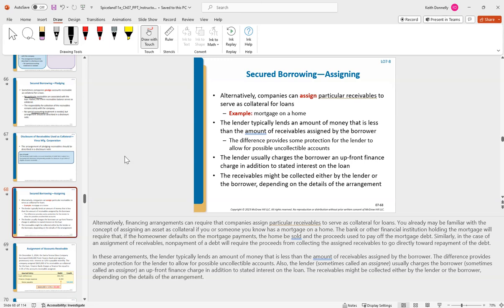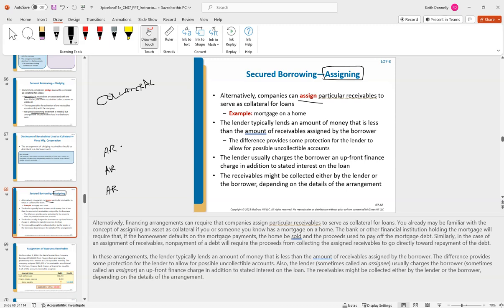This is in distinction to, or kind of another variation of, collateral, which would be if you assign your receivables. So maybe you have 3 receivables.